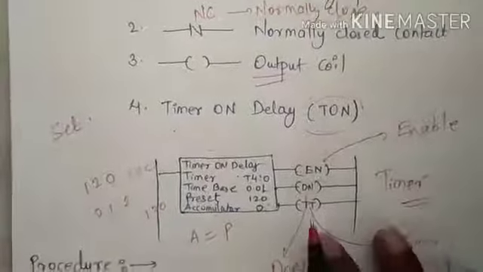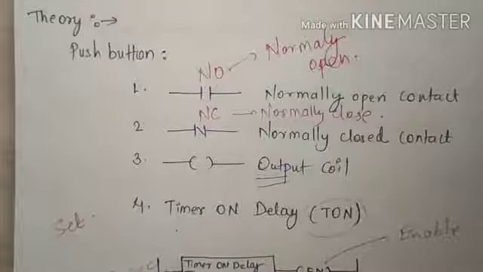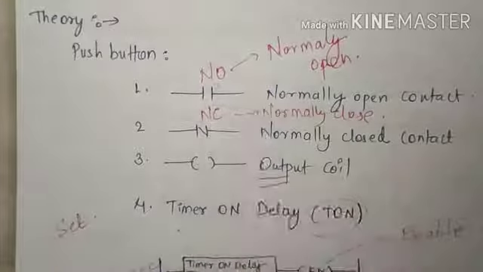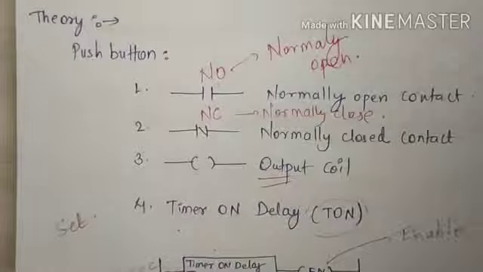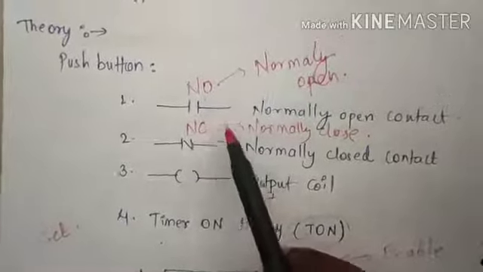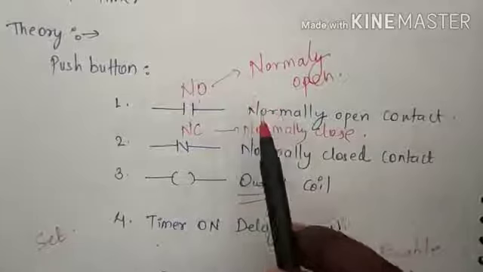Now we will look at the push buttons. These two push buttons, we will look at some of their theory. They have two fundamental uses. We can also call them switches. So there are two fundamental switches.